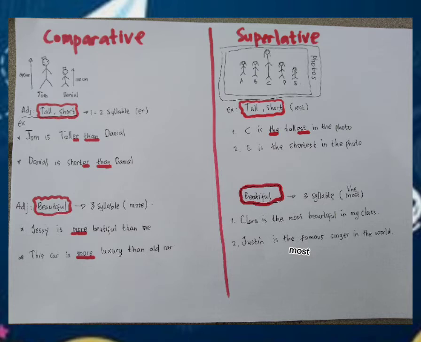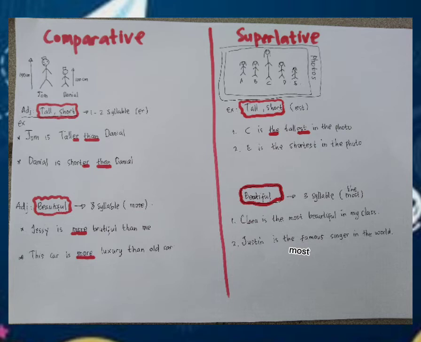E. E is the shortest in the photo. That's for one syllable. We must add est at the end, and don't forget to put the before the adjective.